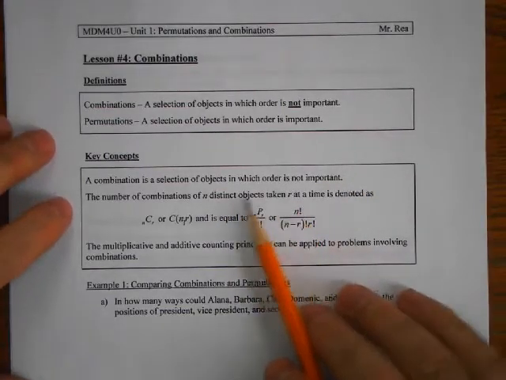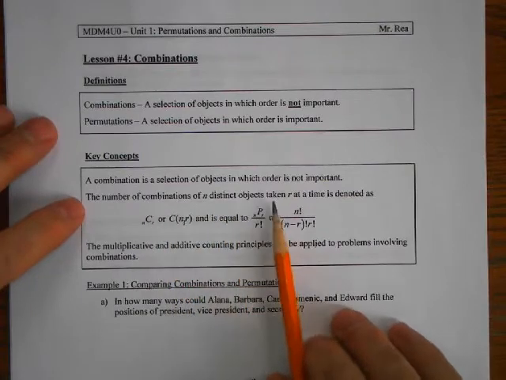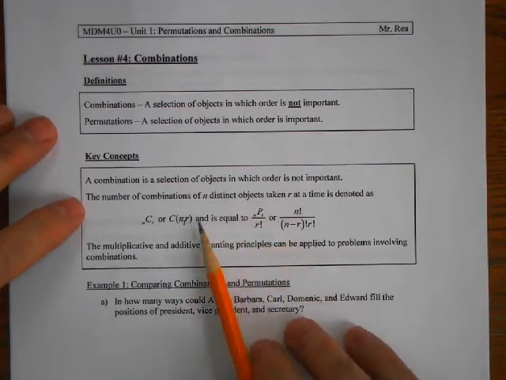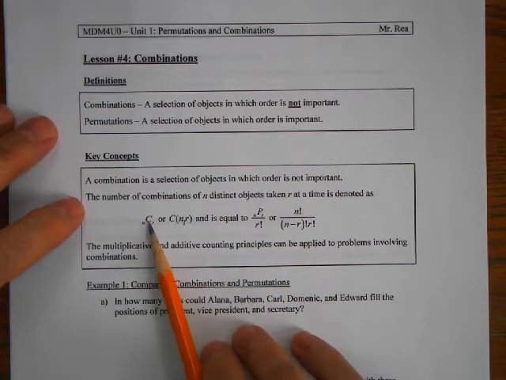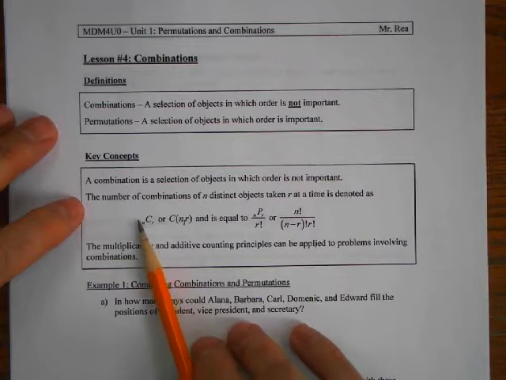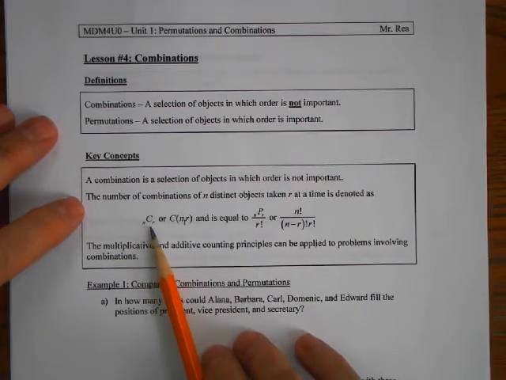So if you look at the formula here, we use the same familiar notation with a capital C for combinations, and you've still got the n and the r. You're selecting from n objects or n people or n cards. That's the total number you have available, and you're choosing r of them.